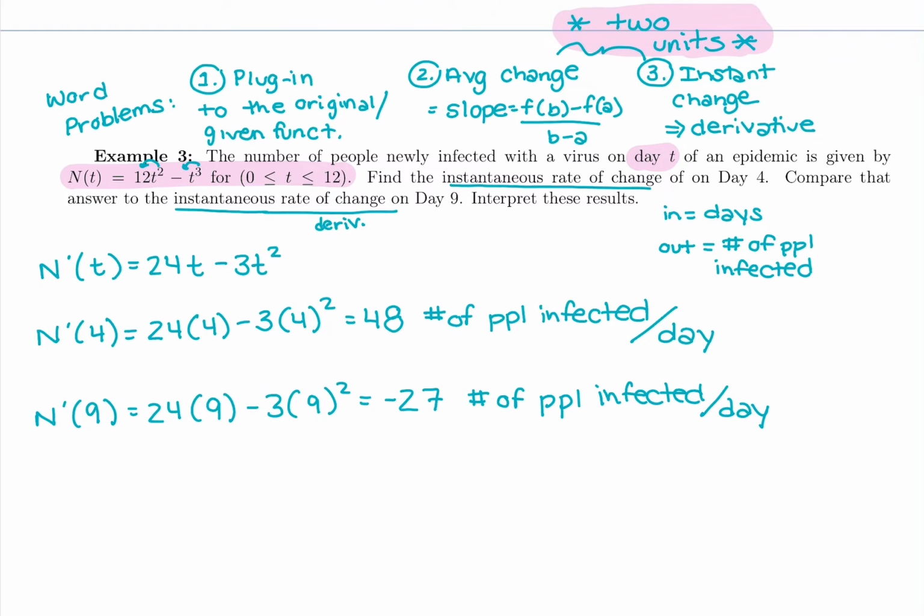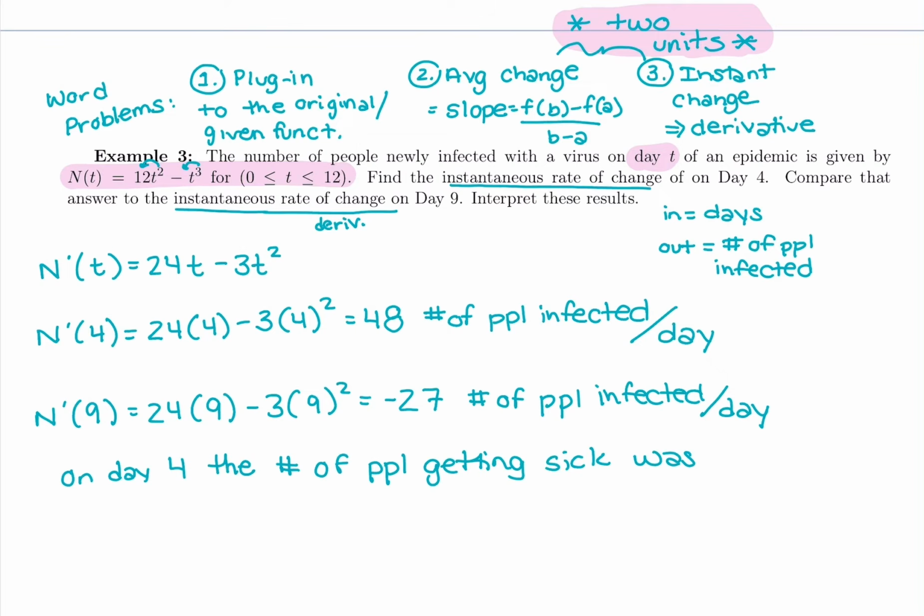So at day 4, what we would say is on day 4, the number of people getting sick was what? Well, we got a positive 48. Remember, instantaneous change is slope at an instant.